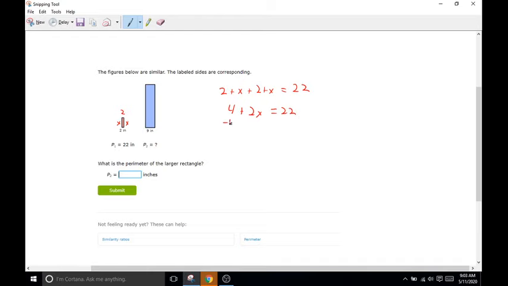We'll get rid of the 4 on this side by subtracting it from both sides. 4 minus 4 is 0. We're left with 2x equals 22 minus 4, which is 18.